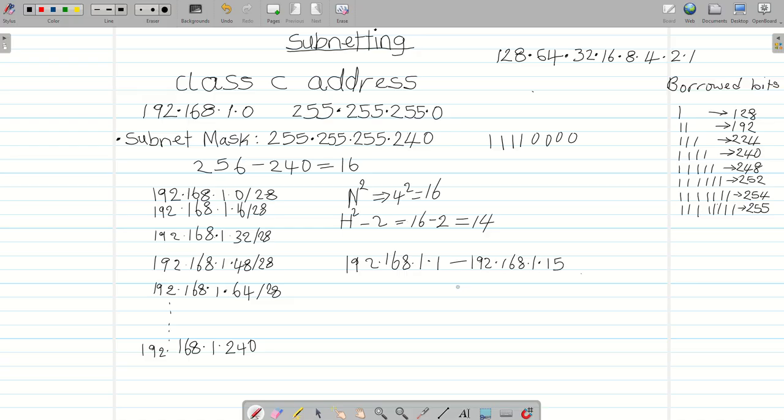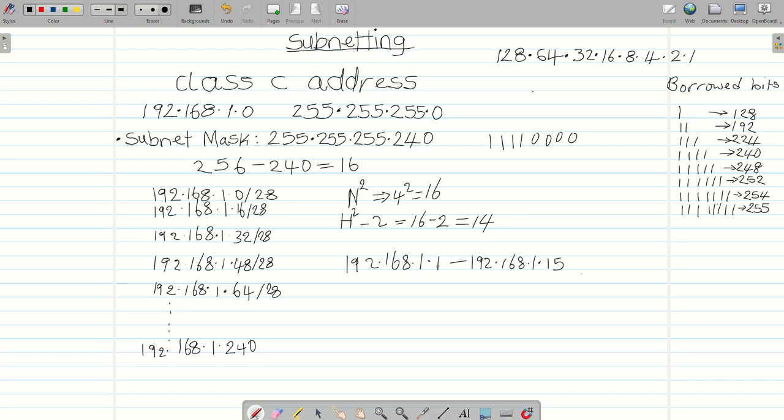Okay, so in that range, the same thing applies. But the most important fact here is that you add 1 to the network address and subtract 1 from the broadcast address.